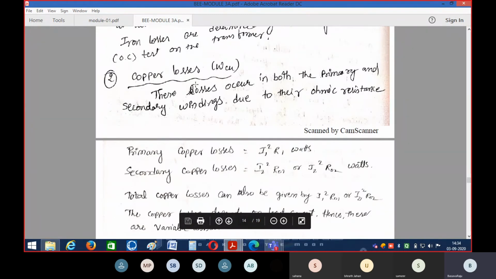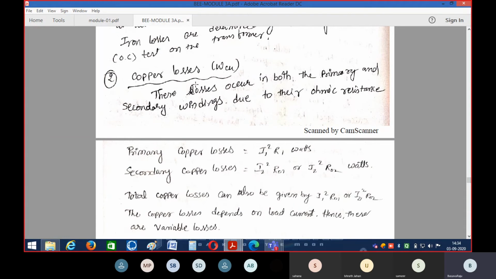Why does this copper loss take place in the windings of the transformer? As we already know, whenever we give the excitation to the transformer, there will be a current flow in the transformer. When the current is flowing in the windings, the windings are made of conductive material which has some small amount of finite resistance.